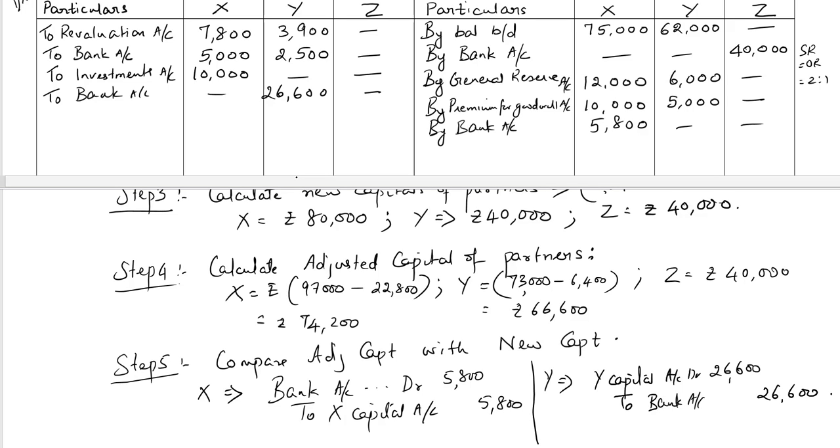Finally, we'll insert the new capitals of the partners to balance carried down. New capitals 80,000 for X, 40,000 for Y and rupees 40,000 for Z.